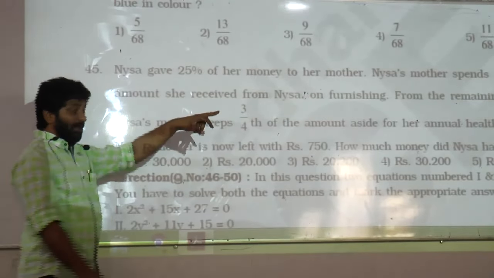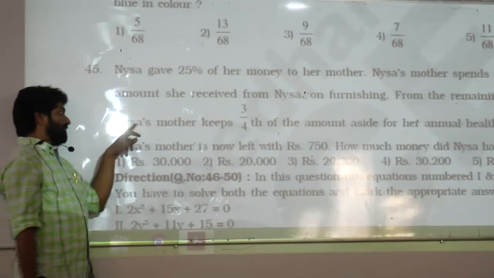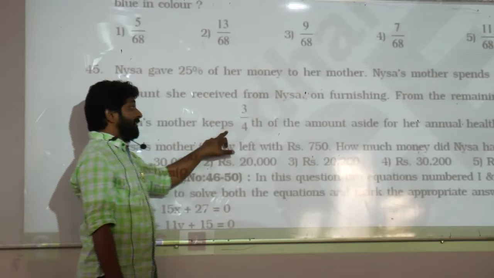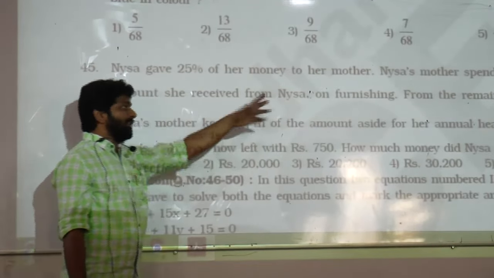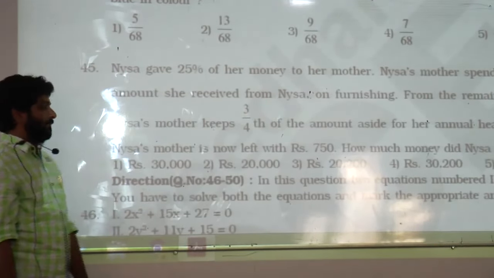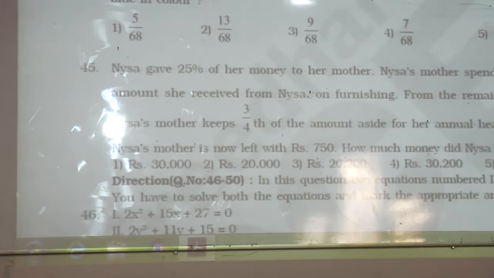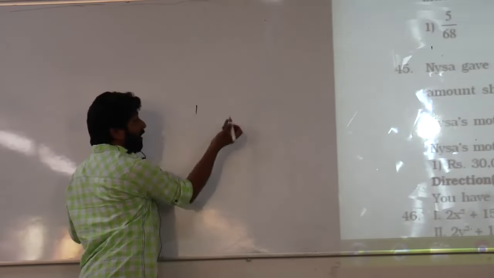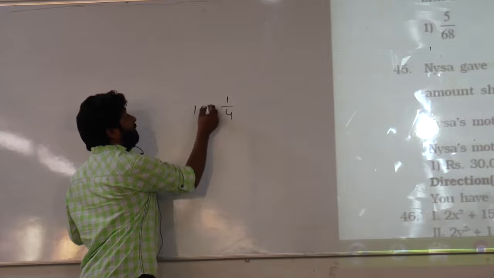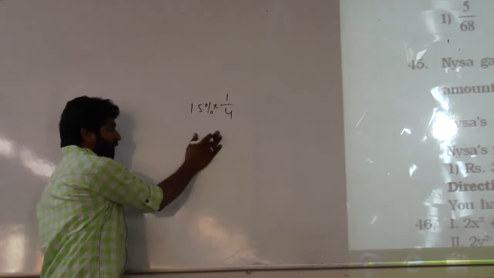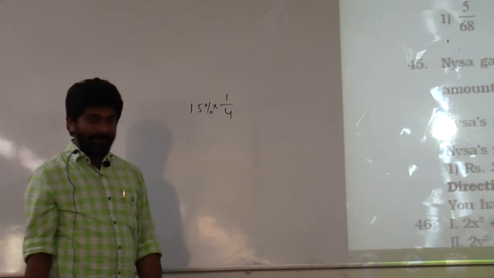From the remaining amount, what is the remaining amount? 15%. Naisa's mother keeps 3/4 of the amount aside for her annual health checkup. What about the remaining amount? 1/4. 1/4 of what? 1/4 of 15%. This is what remains with Naisa's mother now.